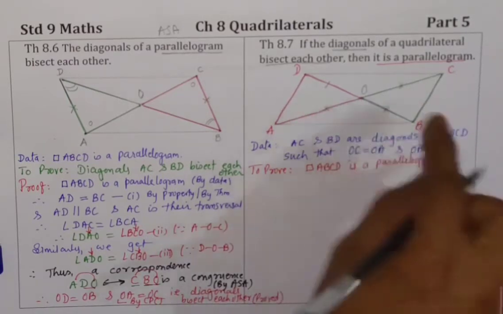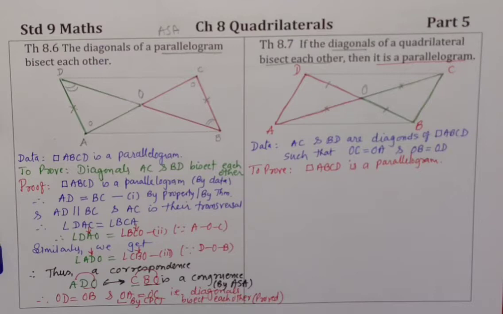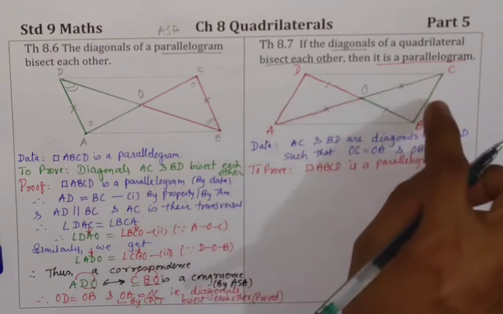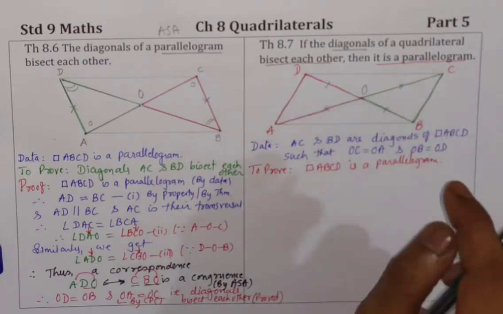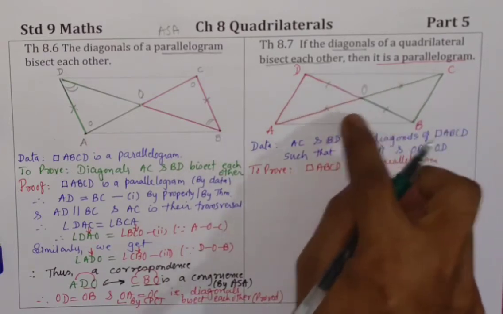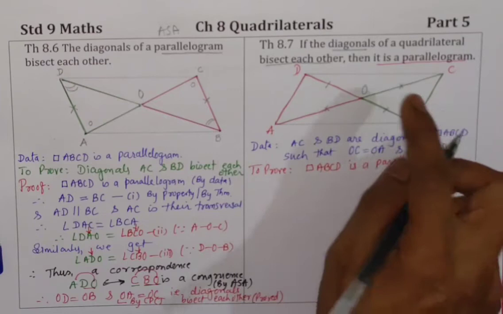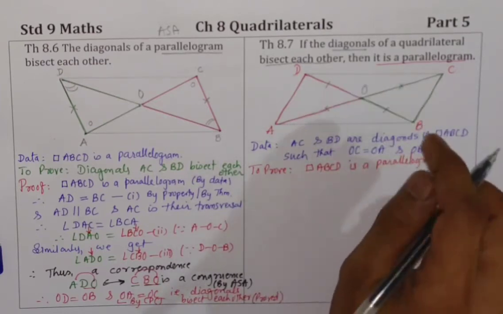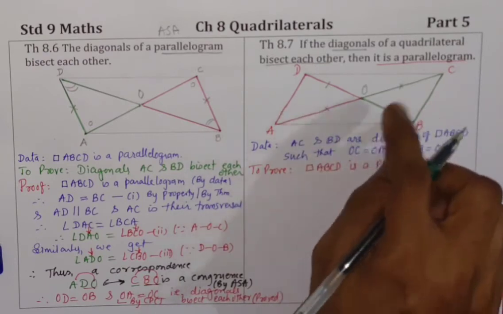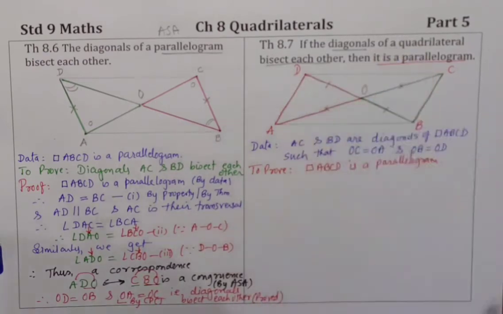Now you have to show these two triangles are congruent. So corresponding part AD will be congruent to BC. So one pair of opposite sides is equal. Similarly, if you pick up these two triangles, you can get the other pair of opposite sides also equal. And having both the pairs of opposite sides equal for a quadrilateral, you can say it's a parallelogram.